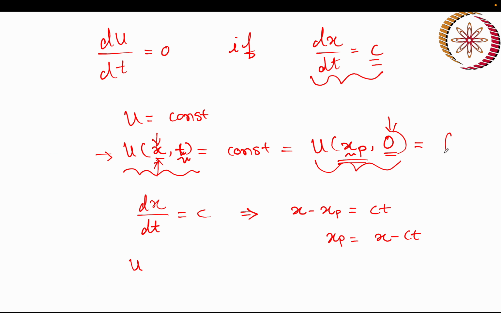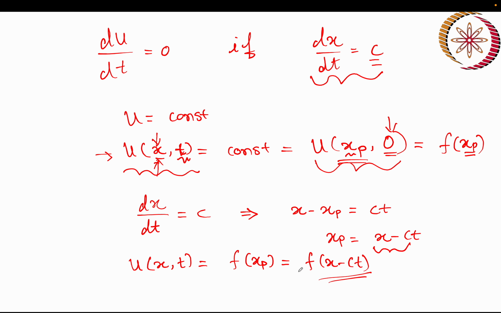So we can write here f of xp, and then instead of xp we'll write x minus ct. So u of x t is equal to f of xp, and xp is nothing but f of x minus ct.